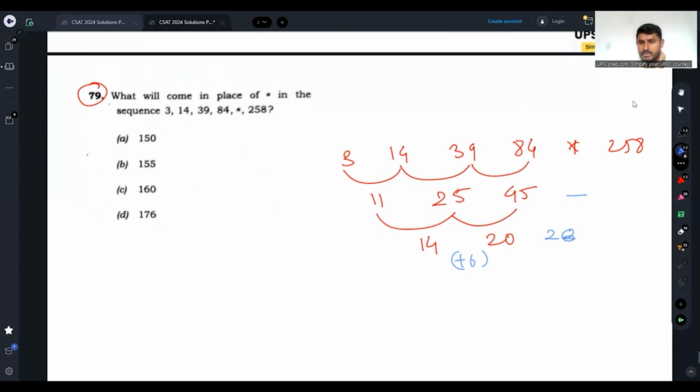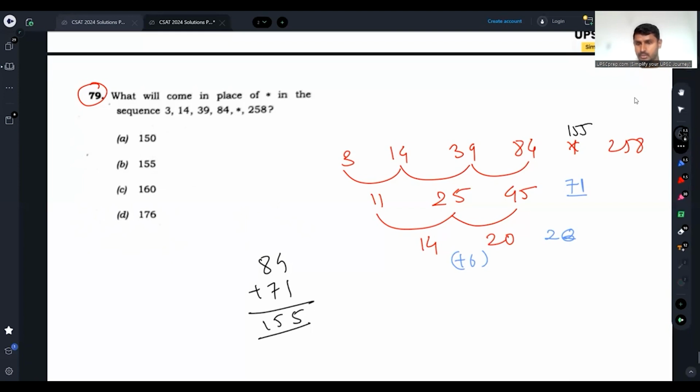So 45 plus 26 will be 71, right? So here it should be 71. Now, if it is 71 here, I will have to add this 84 to 71. 84 plus 71 will be 155. So here it should be 155.